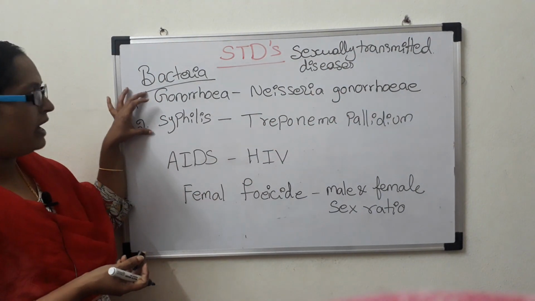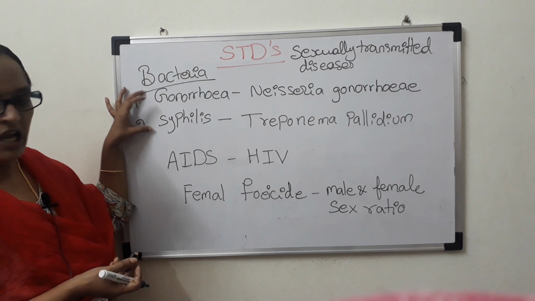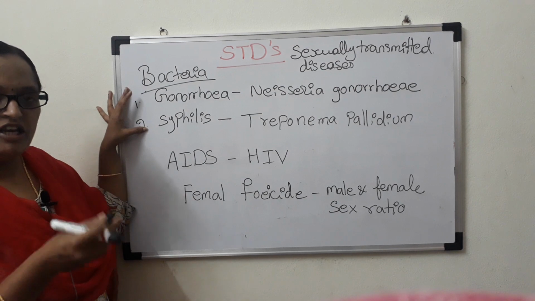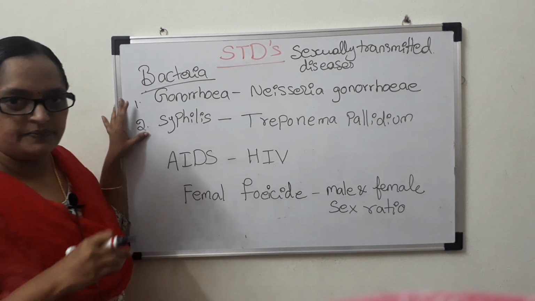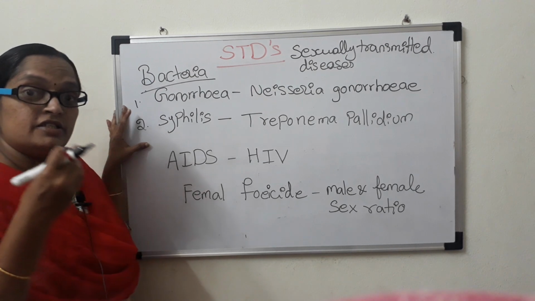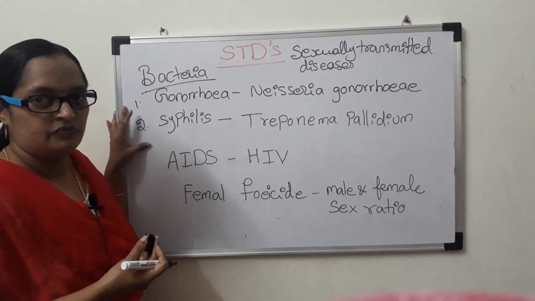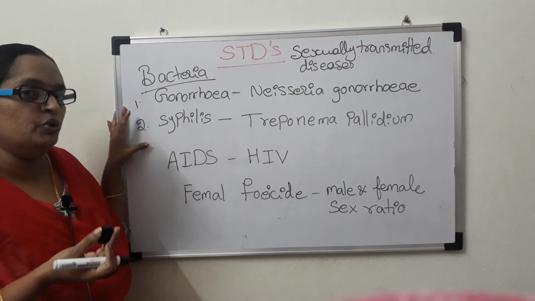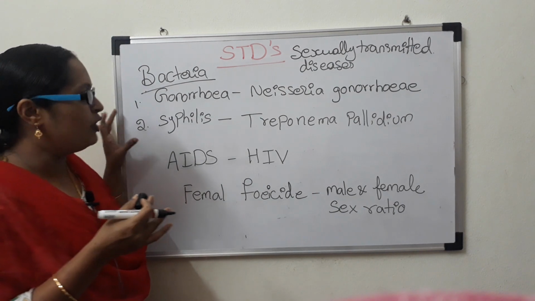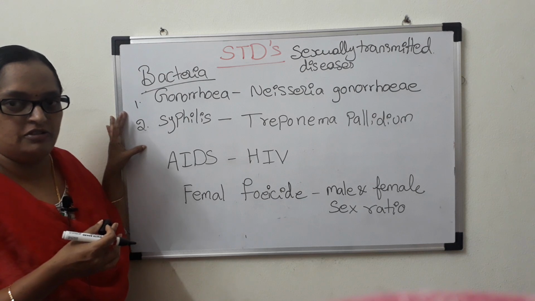These two are bacterial diseases. They mainly affect the male and female reproductive organs, and also damage the urinary bladder and completely damage the urethra. All these parts are damaged because of these types of infections.